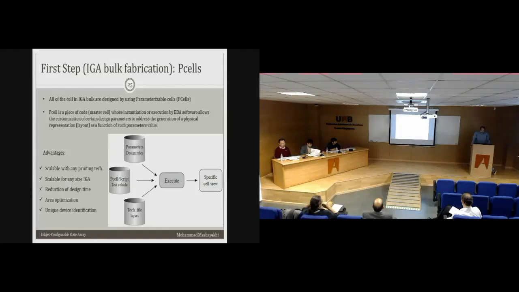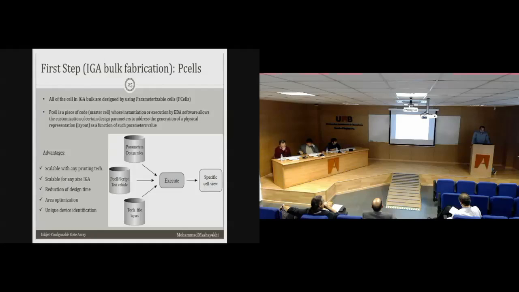What are the advantages? First of all, it allows the IGA to be scalable to any technology. You can just take the technology file, the stack of layers, and the design rules into account and build your IGA according to that technology. It is scalable to the size of the IGA. You can have your IGA small, medium, or large, depending on the client's order.